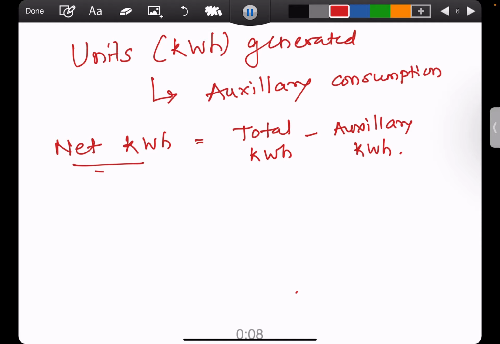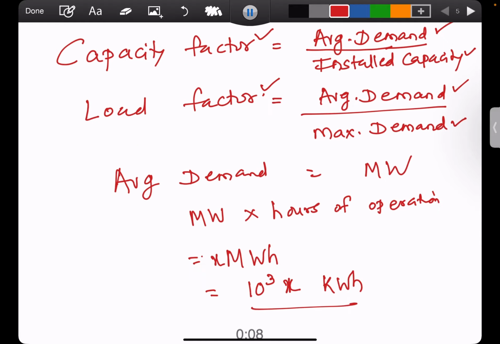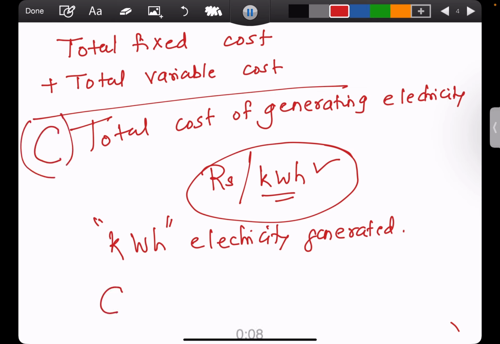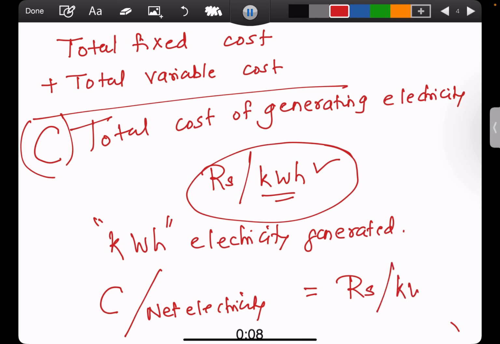And this net kWh we need to use for calculating the rupees per kWh. So how do you calculate the rupees per kWh? Suppose this is your total C, the cost of generating electricity. This total C upon the net electricity generated by the power plant would give you rupees per kWh.